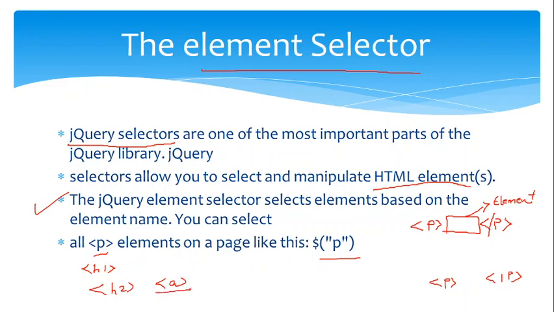Wherever you use this tag in your code, there it will be displayed. Whatever operation you perform with the help of jQuery will be reflected in your website for whatever tag you select. Clear? So this is the element selector.